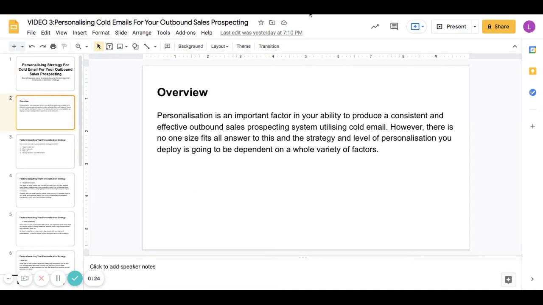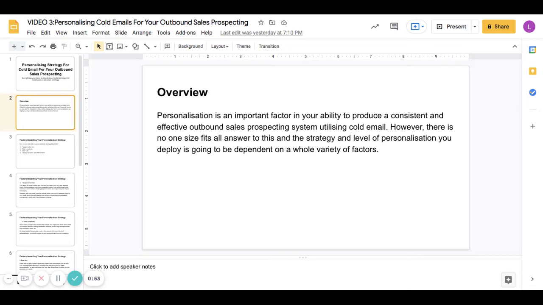With cold email in general, personalization is going to play a pretty big role in the results you can get and your long-term ability to produce an outbound sales prospecting system utilizing cold email that actually generates a consistent and predictable flow of new sales opportunities.